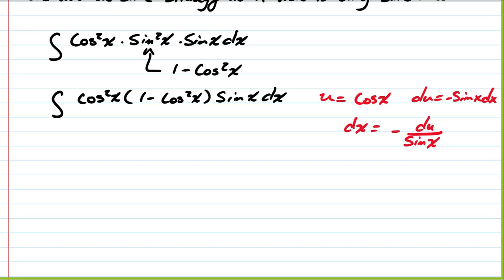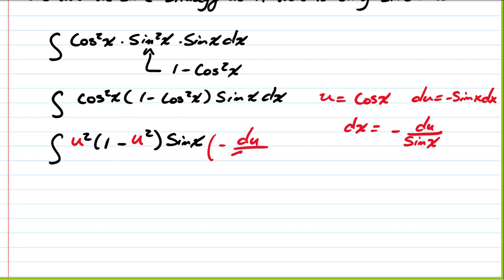And we substitute in. So we get u squared times 1 minus u squared times our sine x, and then our dx is negative du over sine x.